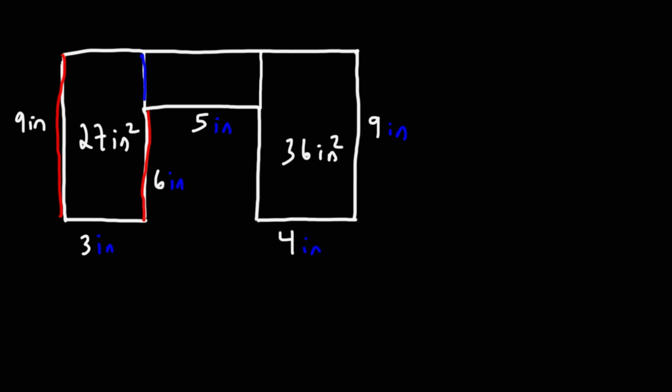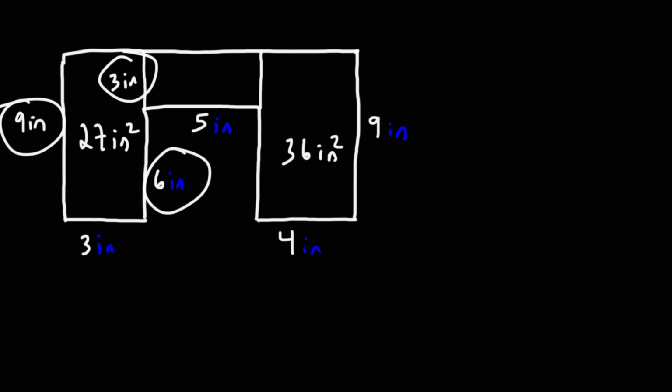Well, it's going to be the difference between 9 and 6. 9 minus 6 is 3, since these two sides here have to be equal. So make sure you understand that. So I'm going to put the 3 inches here. So this is 3 plus 6, which adds up to 9. They have to be the same length.